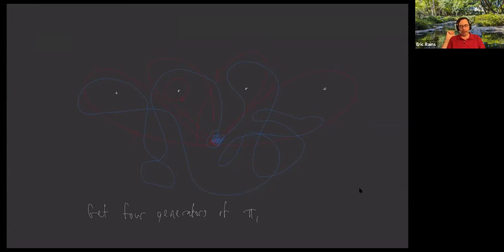Assuming our singularities are 0, 1, lambda, and infinity, then we get generators which are gamma 0, gamma 1, gamma lambda, gamma infinity.